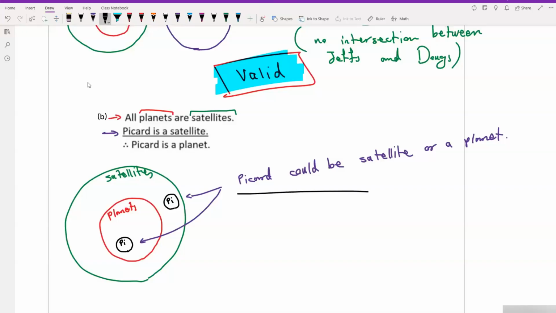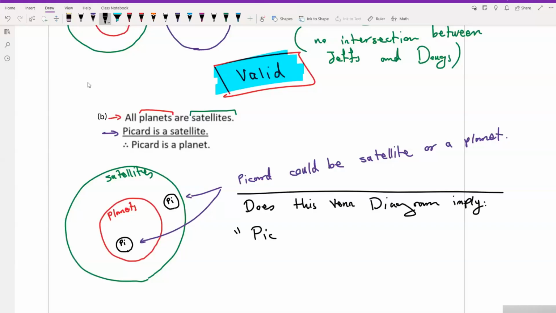Here again, we have to ask, does this Venn diagram imply our conclusion, Picard is a planet?